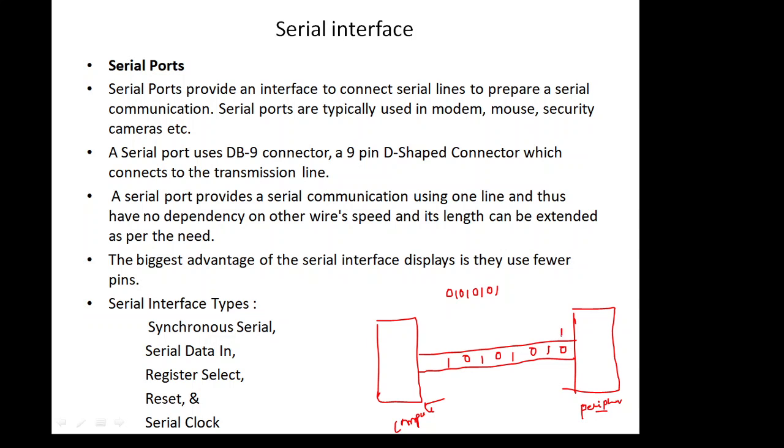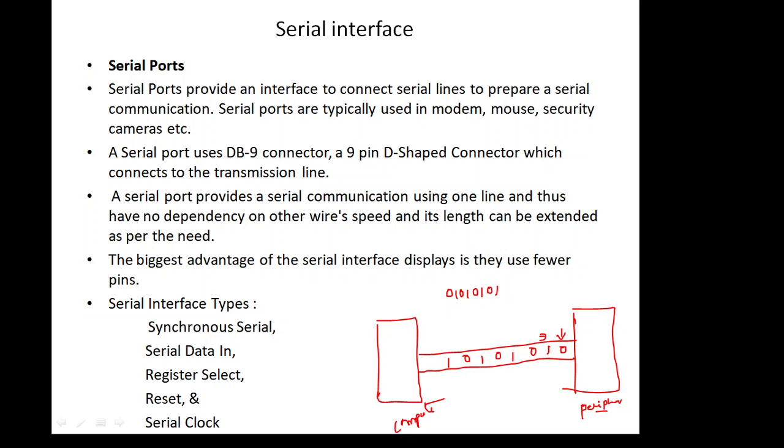Like this, one bit after another bit is transferred from the computer to the peripheral devices. Peripheral devices are things like mouse, keyboard, monitor, printer, speaker, flash drives. All of these come under peripheral devices. Majorly this port acts as a point of attachment, so you have to remember that.